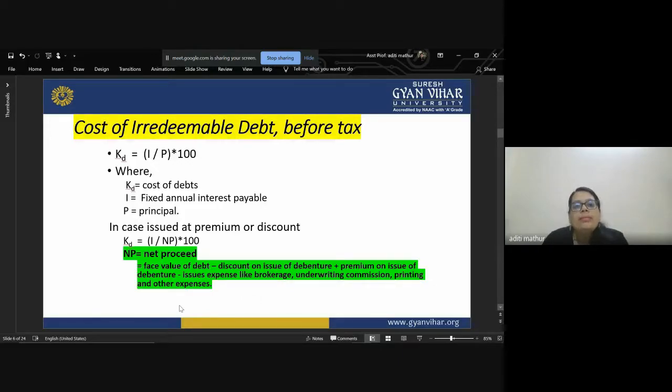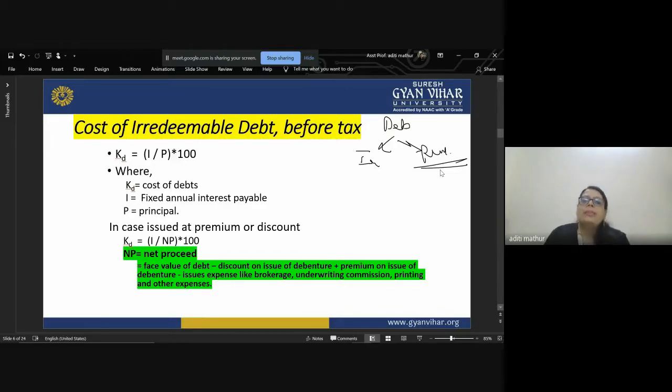So, what do we mean by the cost of irredeemable debentures? Let me first tell you that debentures are of two types: irredeemable and redeemable. Redeemable debentures means that after a certain number of years, they will be repaid to the lenders.